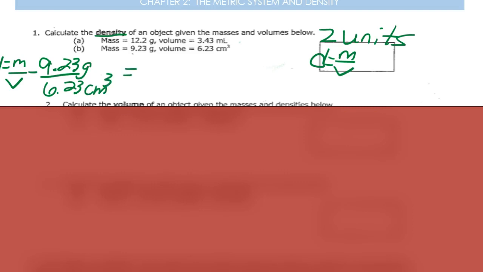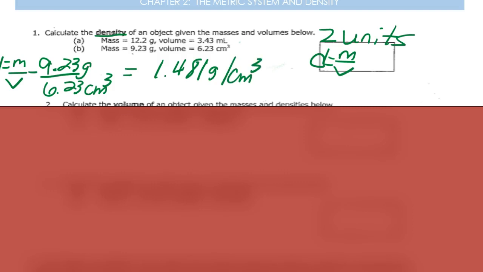Now remember, 3 significant digits are on the very top, 3 significant digits are on the very bottom. So when I divide those two numbers, I get in my calculator 1.481 grams per centimeter cubed.